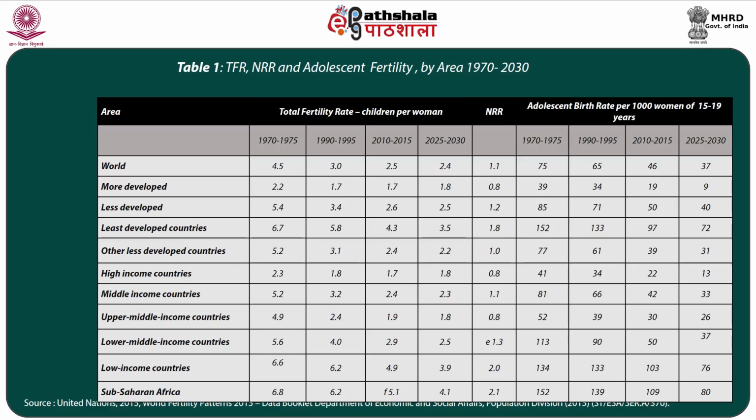We should also see the differences between the countries on the basis of income levels, namely high income countries having the lowest fertility, whereas the low income countries recording higher levels of fertility. Same holds good for other indicators of fertility as well.